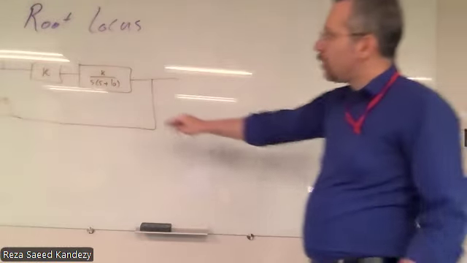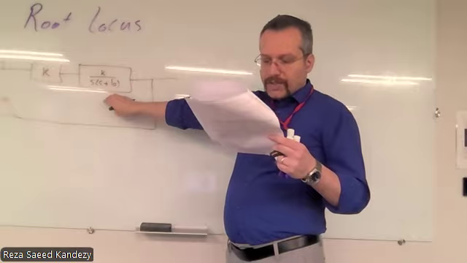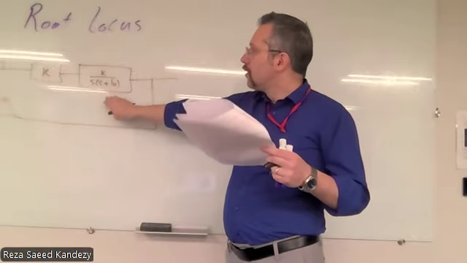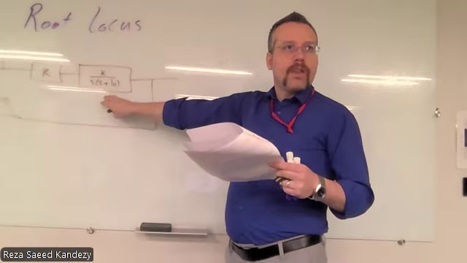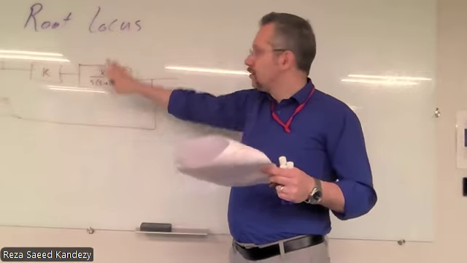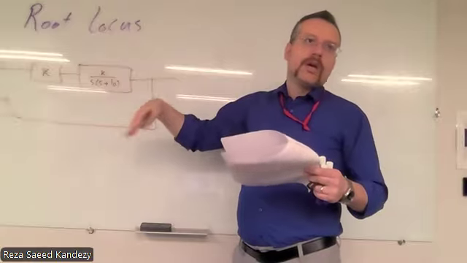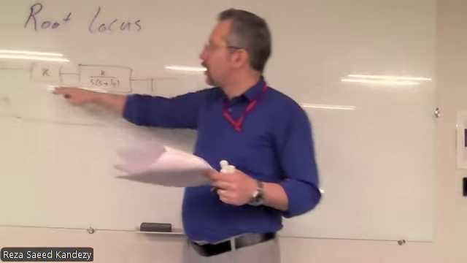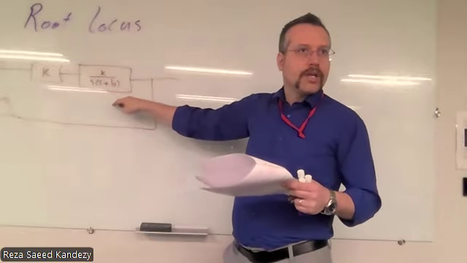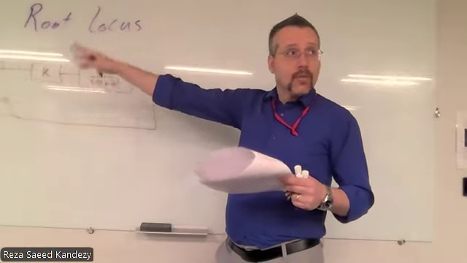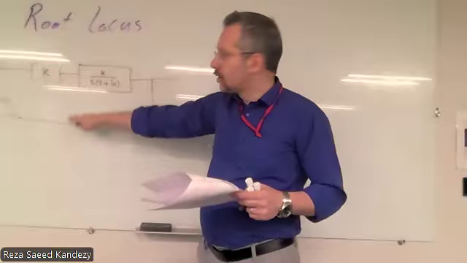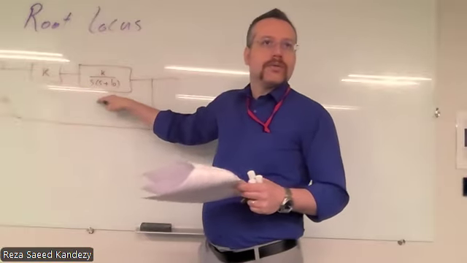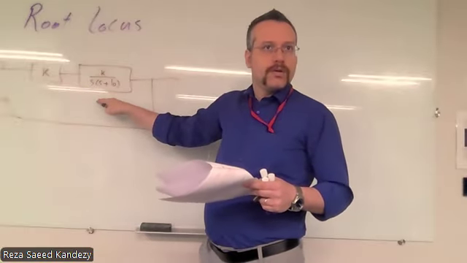Now, what's going to be the general transfer function of this whole feedback system? We already said that. It's going to be the forward path divided by, it's a negative feedback, 1 plus, this is unity, so 1 times the forward path. Are we good?